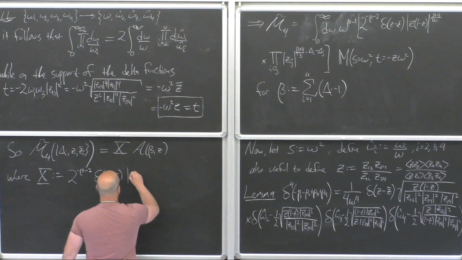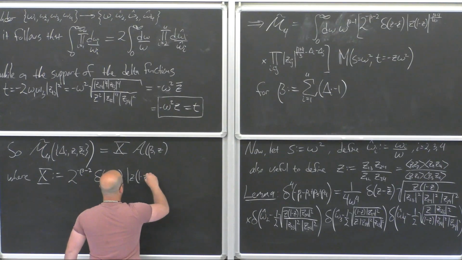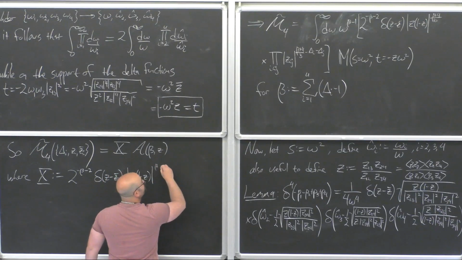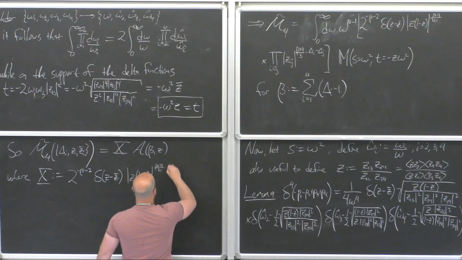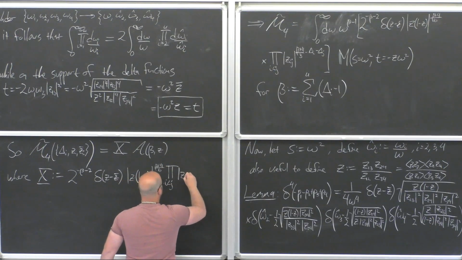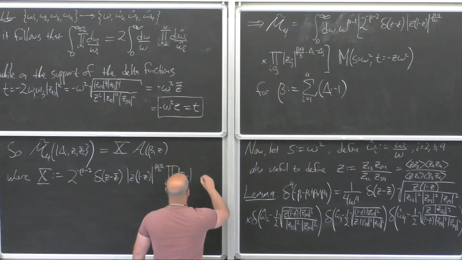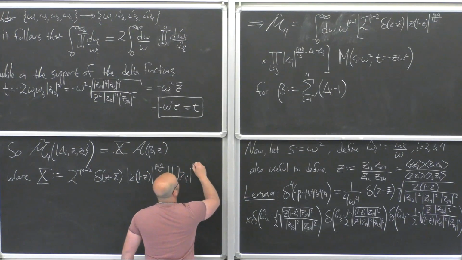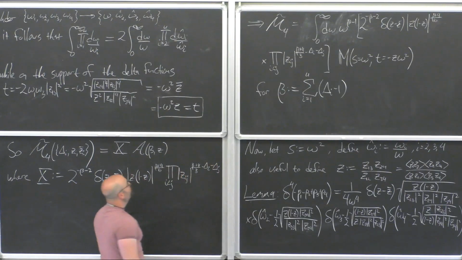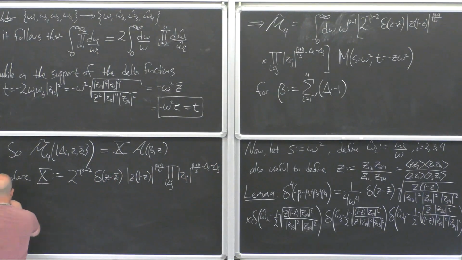And then these factors that depend on the conformal cross ratios and the separations between the points on the celestial sphere, and their conformal dimensions.